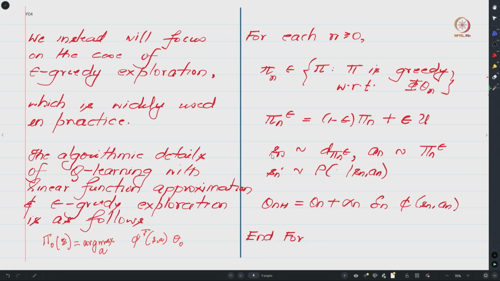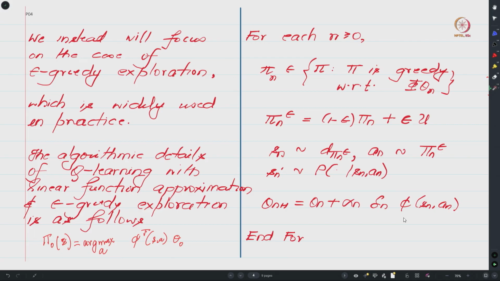So in this way you would have Sn, An and Sn prime, and using these three quantities you define your update rule in the following fashion. The update rule is given by theta n plus 1 equals theta n plus alpha n times the temporal difference times phi of Sn An. One can ask, how did we come up with this algorithm? Well, we go back to our strategy of designing the TD0 algorithm.